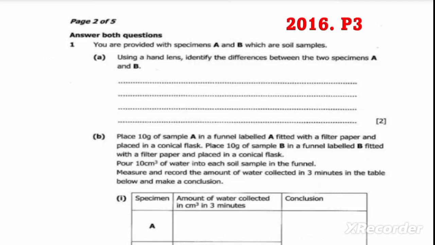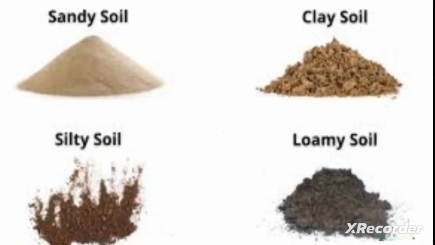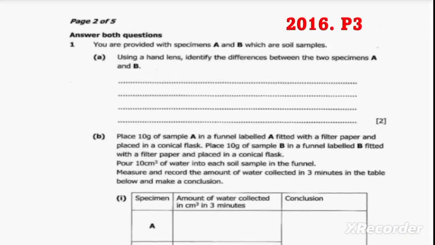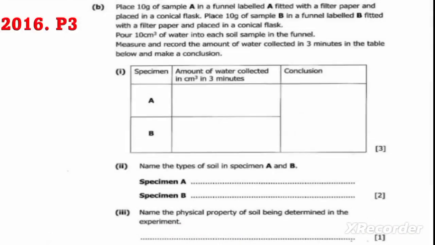Using a hand lens, identify the differences between the two specimens A and B. So we are given two soil samples, and we don't know the soil samples that were given when this paper was written. We don't know if the soil sample is sand soil, clay soil, silt soil, or loam soil.